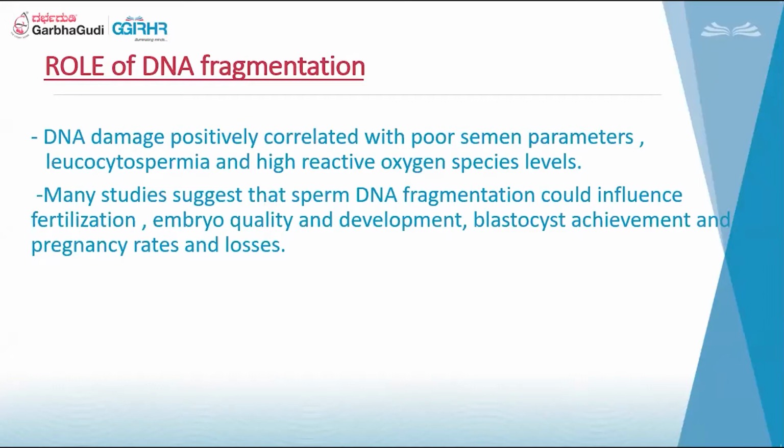Then blastocyst achievement: embryos will go to 8-cell, but when you keep them for culture, not every embryo will go to blastocyst. That I can tell you. It can be aneuploidy, or any reason, sperm factor or oocyte factor. All this could be the reason.